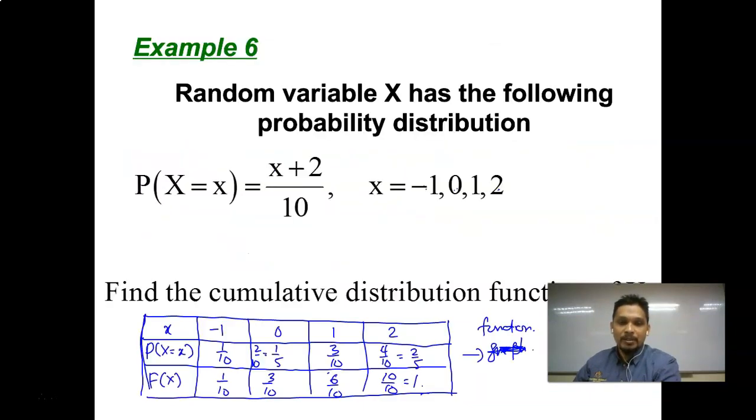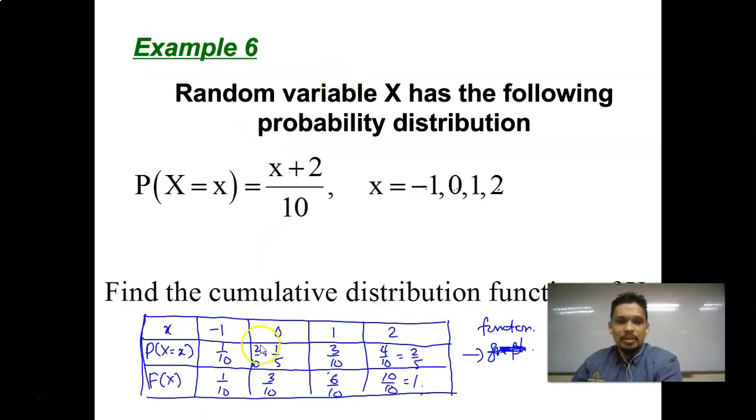Okay, this one here, then the cumulative distribution function of F x. The values are 0, 1 over 10, 3 over 10, 3 over 5, and 1.